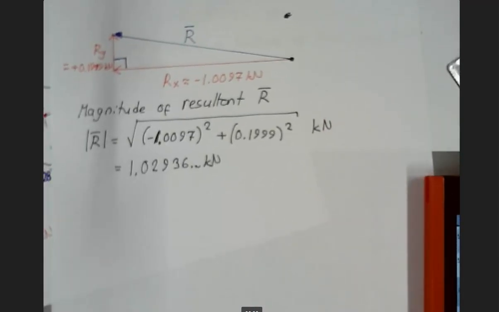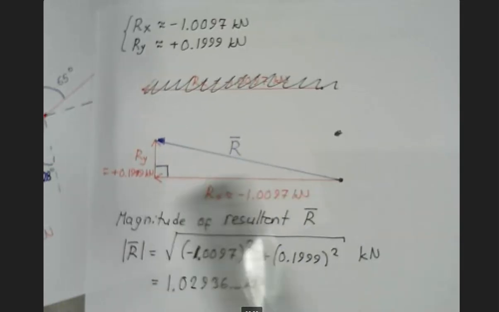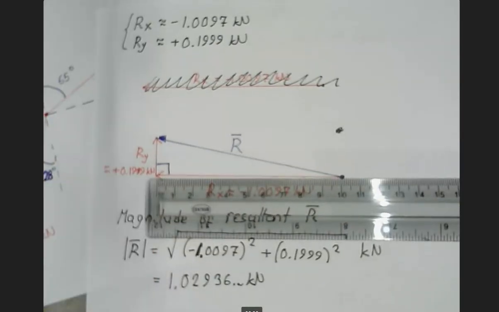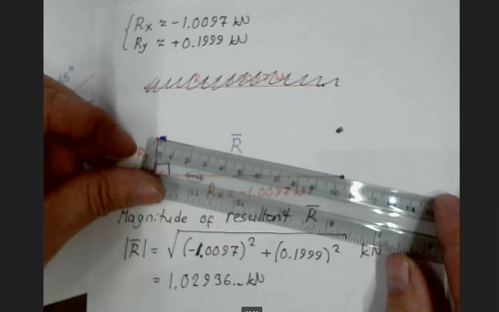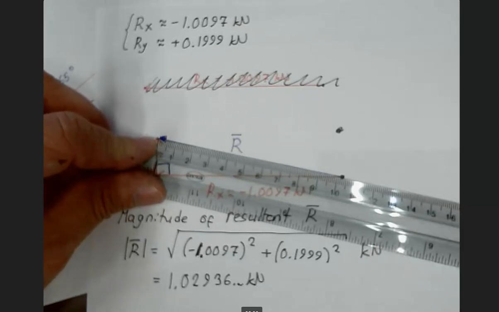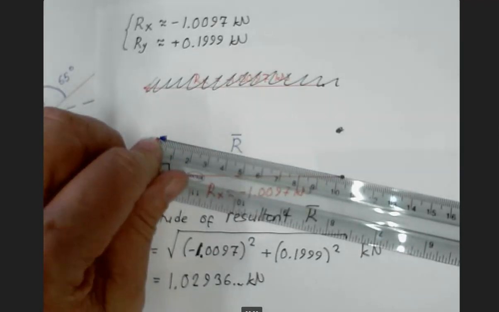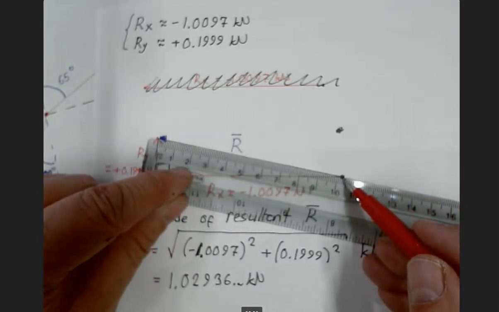I draw that picture in approximate scale, and in this picture 10 centimeters means 1 kilonewton. So if I measure the length of this vector from my ruler, I get approximately 10.3.